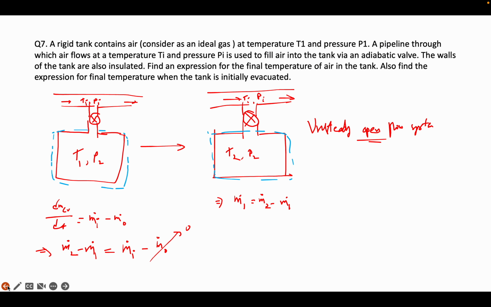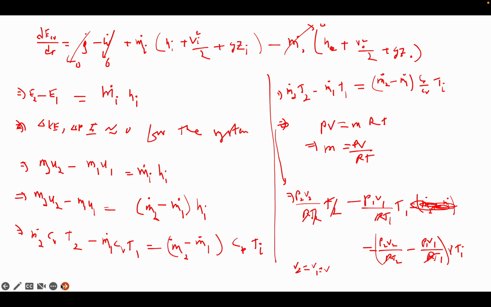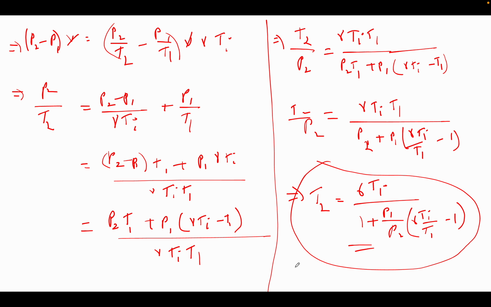Now the second case is that if the tank is initially evacuated, there will be no pressure in the first state, so P1 is equal to 0.